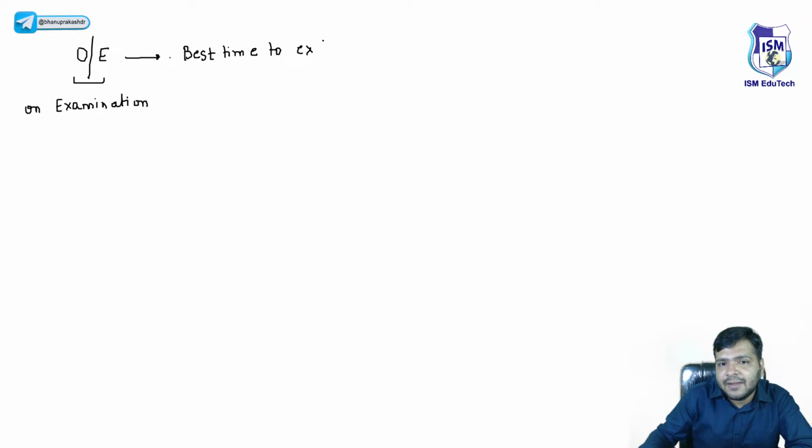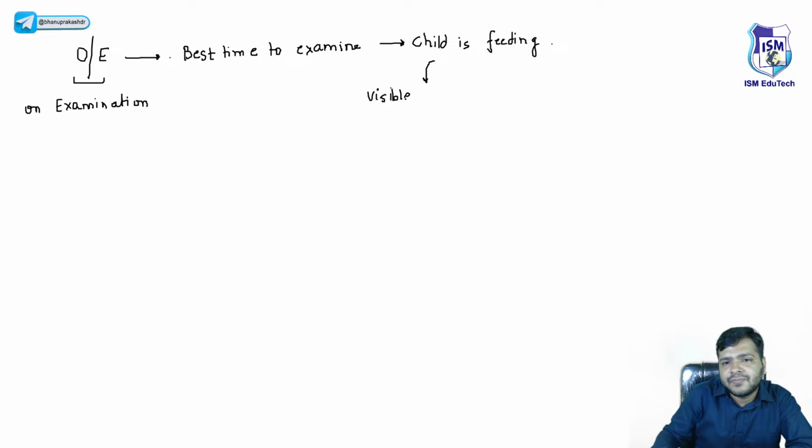Best time to examine the patient, it is when the child is feeding. Now, when the child is feeding, you will see a visible peristalsis. Okay, peristalsis will be visible.